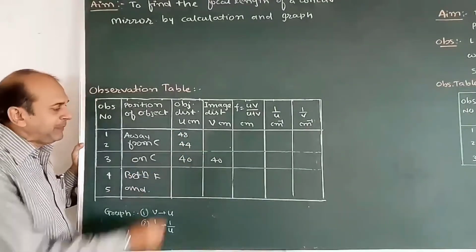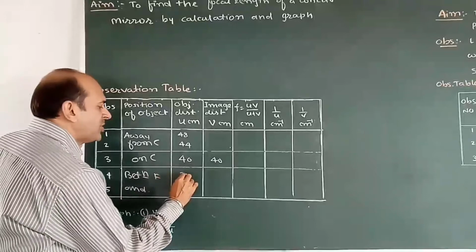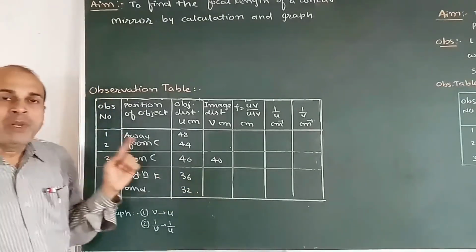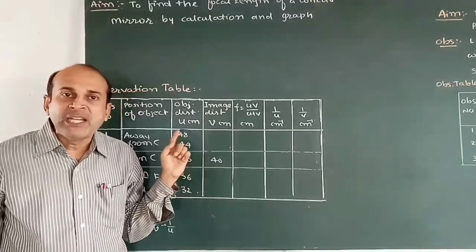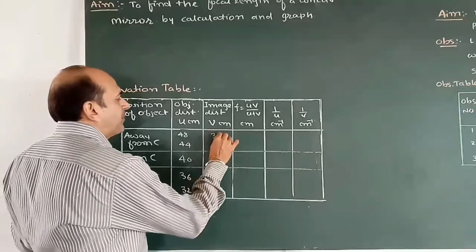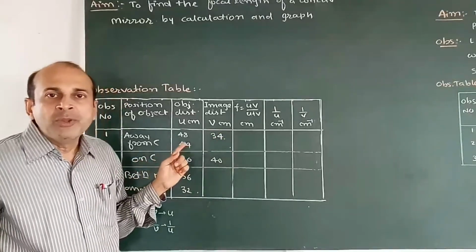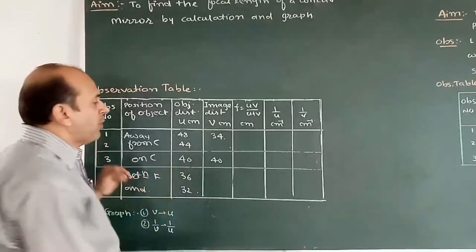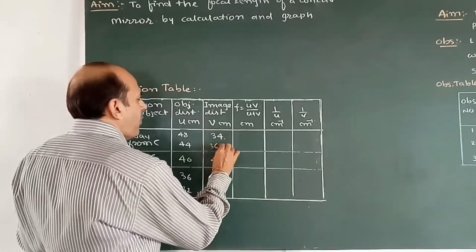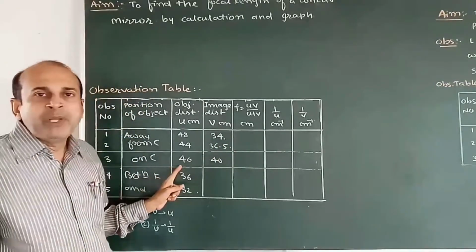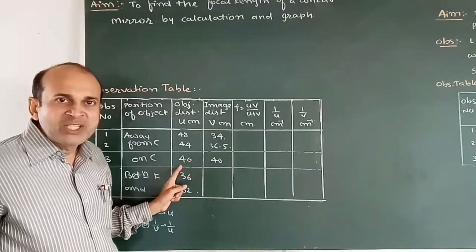Between F and C, that means less than 40, we select two distances, 36 and 32. When the object was placed at 48 centimeter, the image distance was 34 centimeter. When the object was placed at 44 centimeter, the image was at 36.5 centimeter. And on C, with the single pin, we measured 40 centimeter.